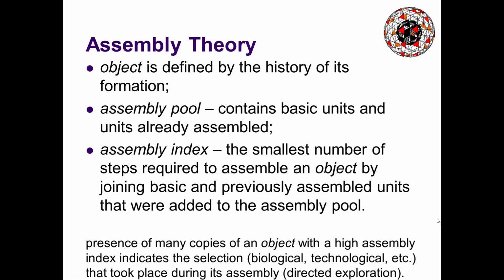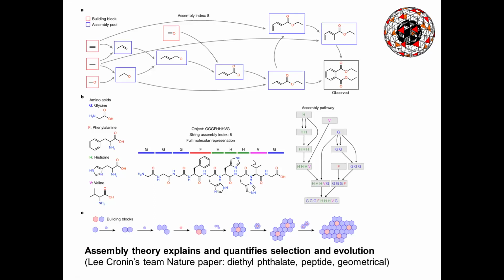Many times, when an inventor explained his invention, after hearing it I was thinking to myself, well, that's obvious, but it wasn't obvious before I heard it. So it's obvious to me now that the presence of many copies of the same object is a clear indication that a selection took place during the assembly of this object. But this selection could be biological, technological, any possible.